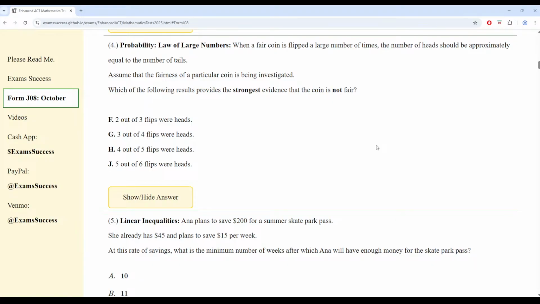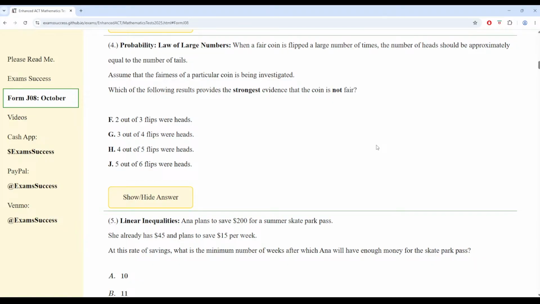So when you do it a large number of times, like 1,000 times, you should expect approximately 500 heads and 500 tails. If you do it maybe 4 or 5 times, it could keep landing on head because those are not large numbers.